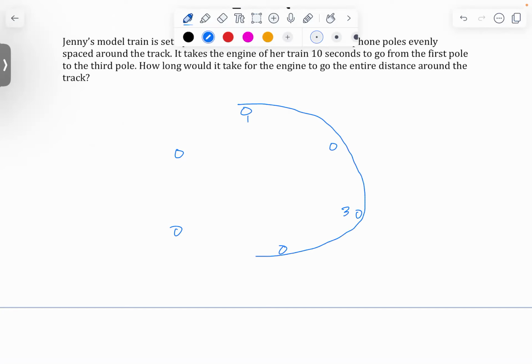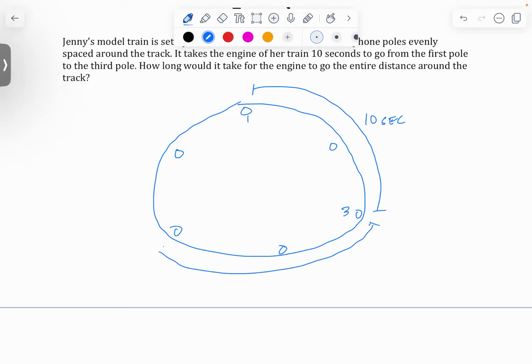So we have the track that basically looks like this. And from the first pole to the third pole, it takes 10 seconds. Well, then we should be able to do this math. Third pole to the fifth pole would be another 10 seconds.